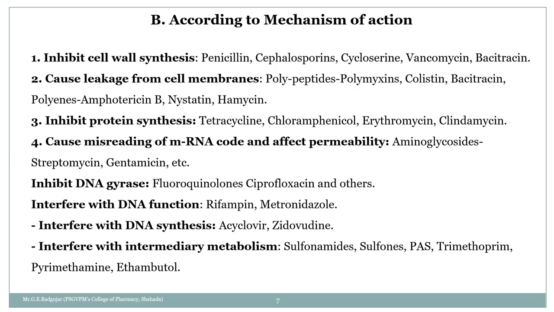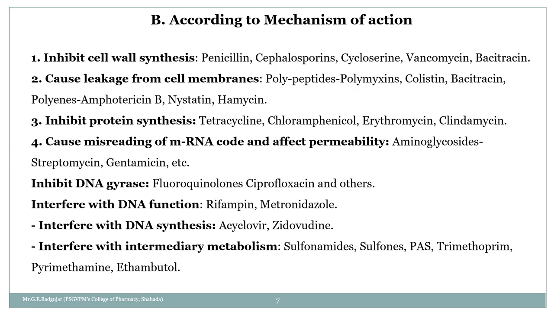Second class, the drugs which cause leakage from the cell membranes, like polypeptides, polymyxins, bacitracin, amphotericin B. While tetracycline, chloramphenicol, erythromycin are those drugs which inhibit the protein synthesis in the bacteria.